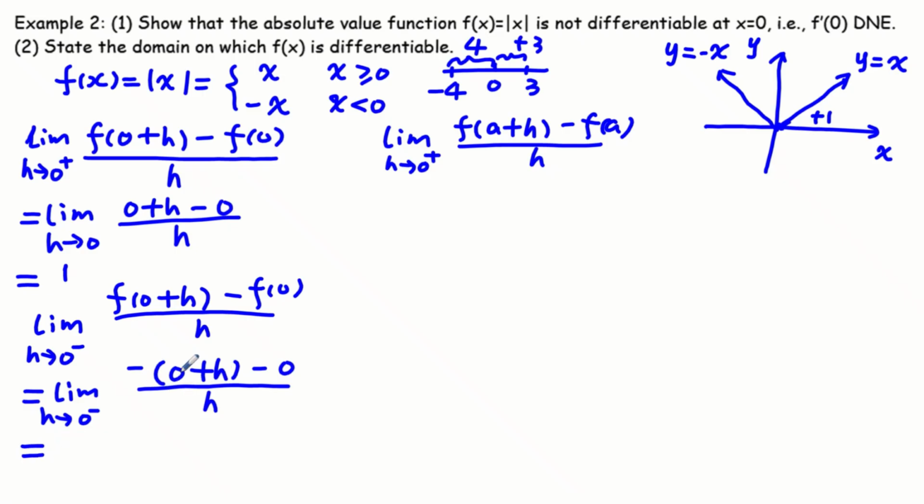So minus h divided by h, you have negative 1. Then you will see for the slope of tangent, the left side limit is not equal to the right side limit.